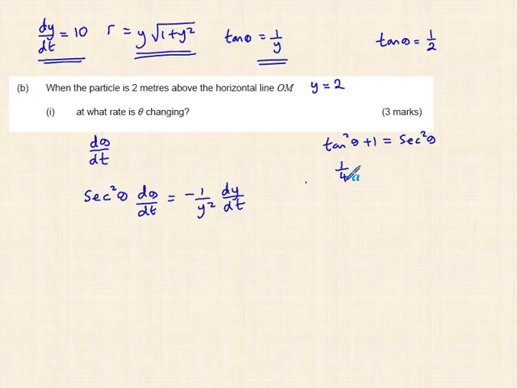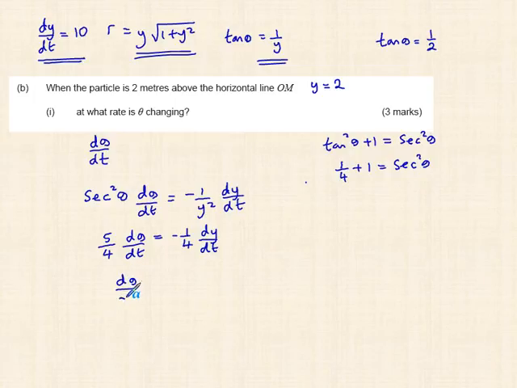So that's a quarter plus 1 is sec squared theta. So sec squared theta is 5 over 4. So 5 over 4 d theta/dt. We know y is 2, so this is minus a quarter dy/dt. dy/dt we know is 10.